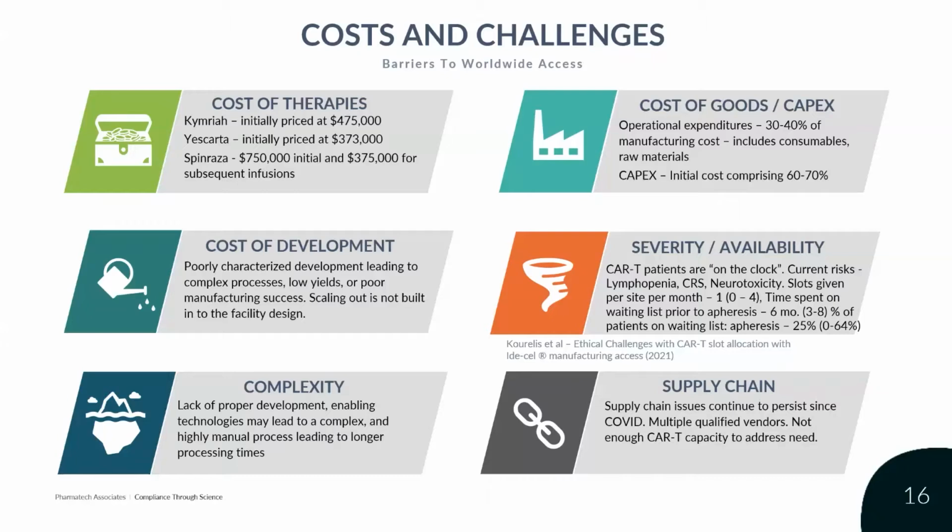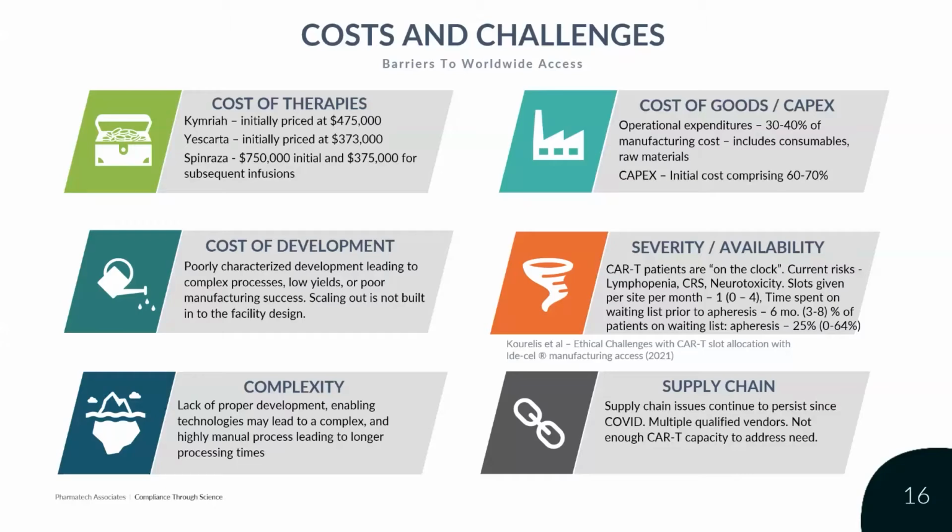And then lastly, one thing that we really want to talk about when we discuss cost reduction is that platform technologies may be able to give you some relief from all these supply chain issues. Single-use items are still very high lead time. And then there's ultimately not enough CAR T capacity either on the supporting vendor side or the current manufacturers to address patient needs. So we do have quite a lot of challenges.